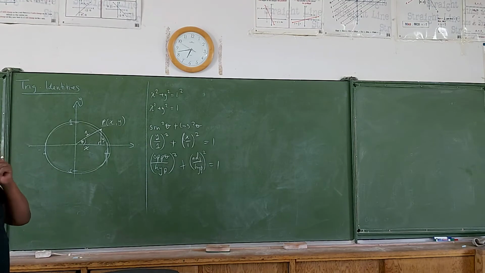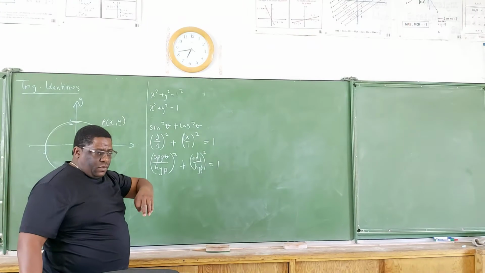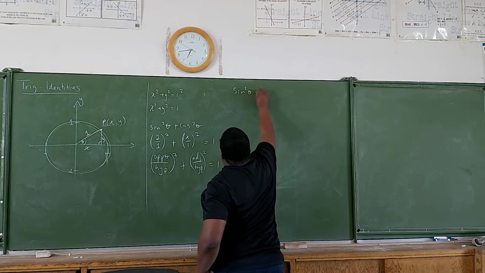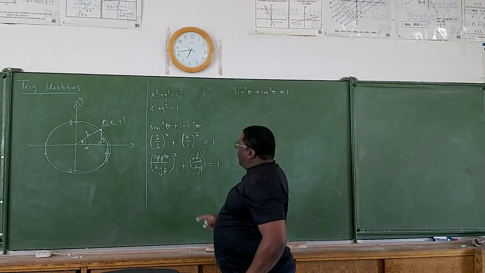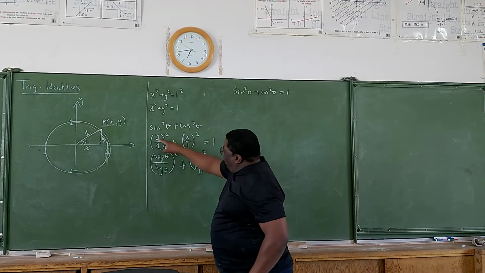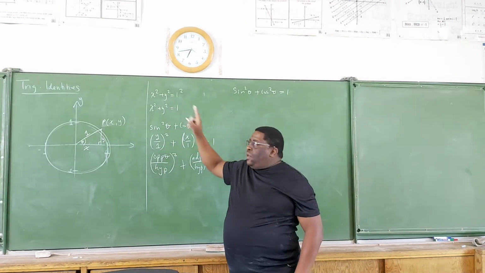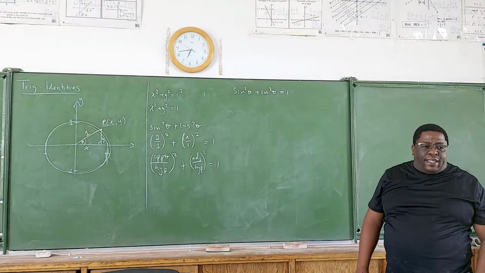So this is the first Pythagorean square identity, where we have sin squared theta plus cos squared theta equals 1. That's x squared plus y squared from here. Do you get it?